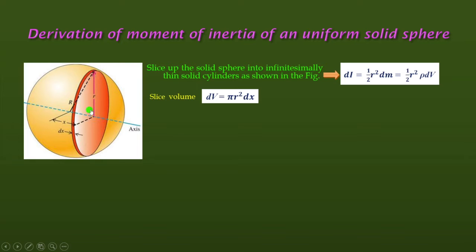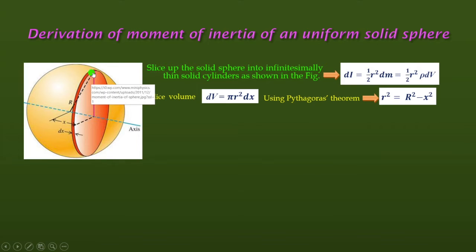And from this point to the axis on the plane of this circle, this distance is r. Whereas the center of this disk is at a distance of x from the center of the sphere. Okay, then the volume of this red slice is pi r square dx.